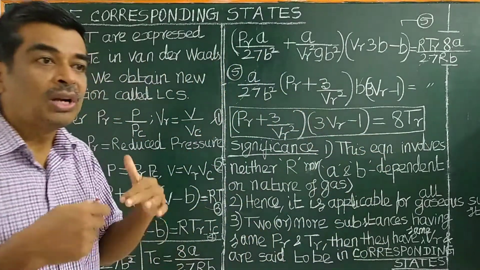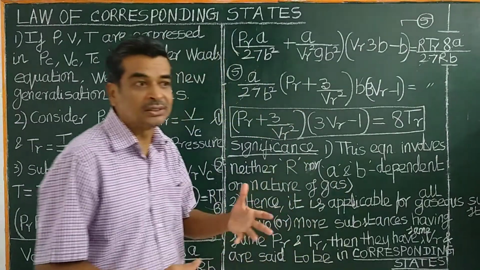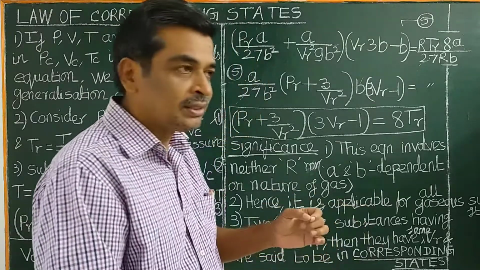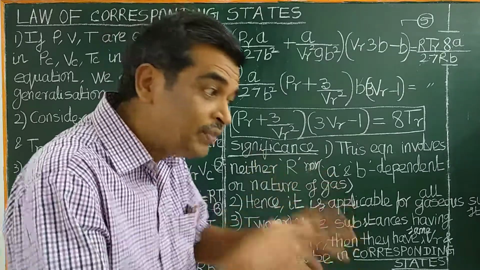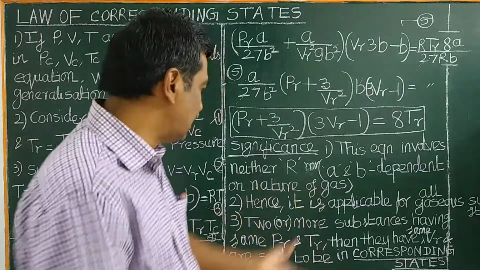a and b are called van der Waals constants. They are dependent on the nature of the gases. For example, carbon dioxide will have its own a and b values, and SO2, sulfur dioxide gas, will have different a and b values, the van der Waals constant values.